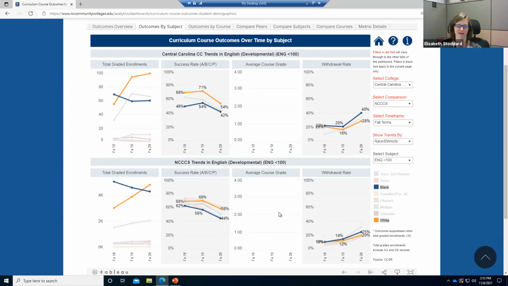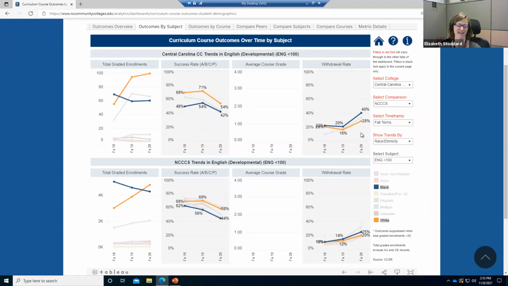We're not seeing anything for average course grade because we're looking at developmental here, and so we don't have the average course grade. But then you can see the trends in withdrawal rate as well. And you can see that the Black students had a higher withdrawal rate going from fall 19 to fall 20, which might be related to COVID, because there was a lot of chaos at that time, and we saw a lot of different things on all of the college campuses.